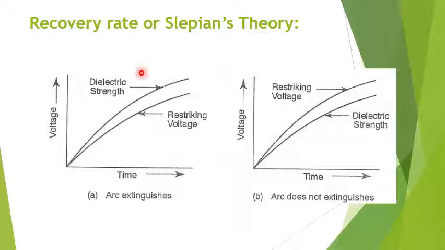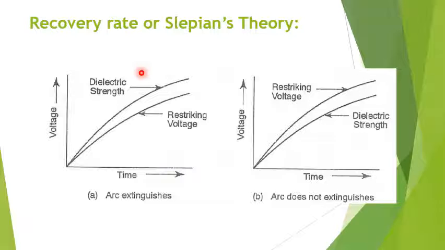In this method, the rate at which the gap between the contacts recovers the dielectric strength of the medium is compared with the rate at which the restriking voltage across the gap rises.